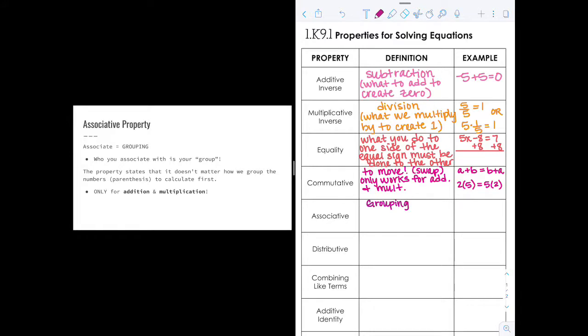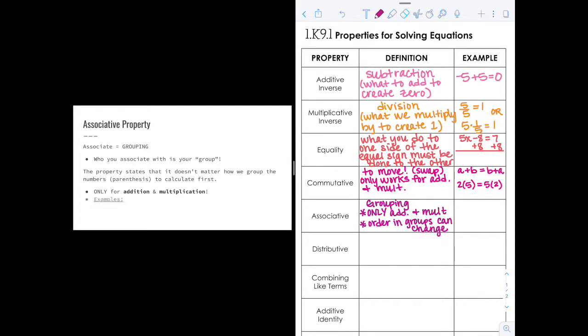But this only works for addition and multiplication. So order in groups can change.